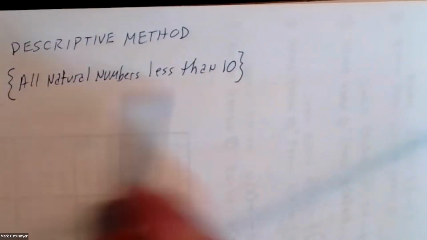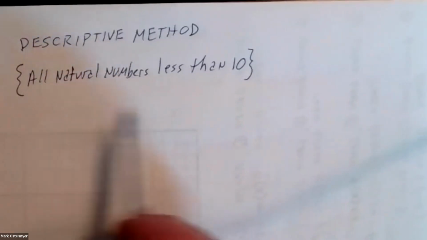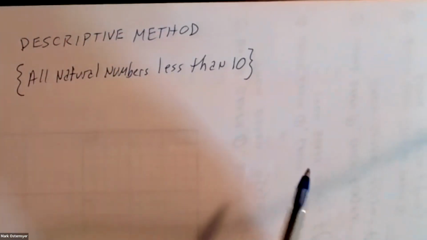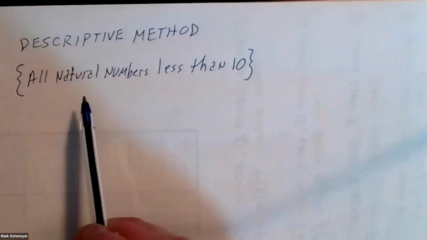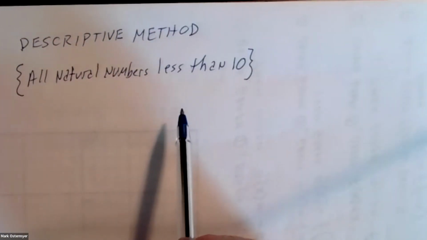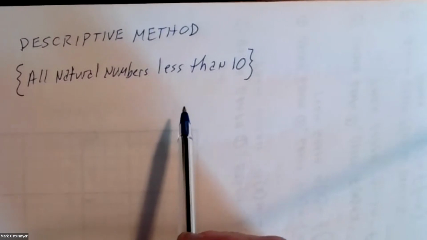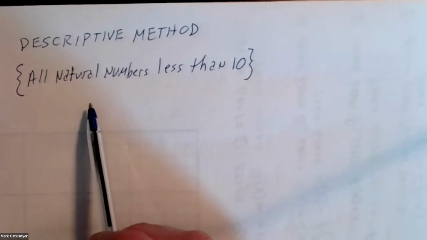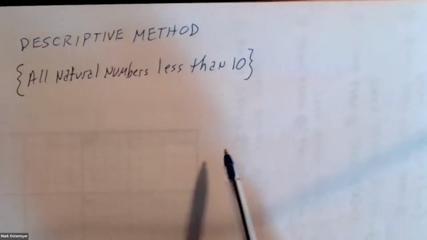Notice the descriptive method for representing a set includes words. It kind of describes in words the set of numbers we're talking about. So this would be describing all counting numbers or natural numbers that are less than 10. So in roster notation, that would be the set consisting of 1, 2, 3, 4, 5, 6, 7, 8, and 9, correct?